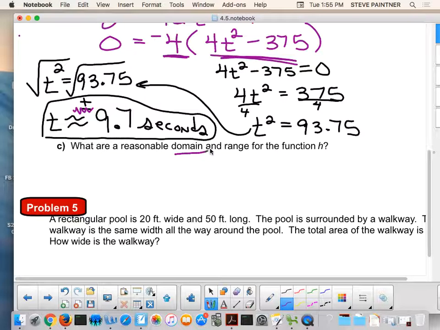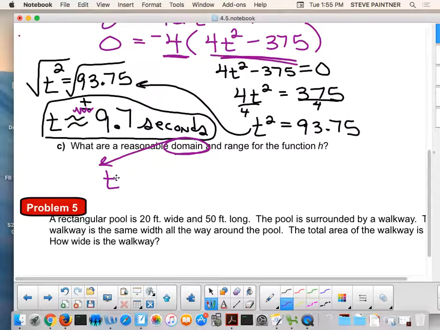What's a reasonable domain? By the way, which one was domain? The x is, but it's not x. Look at your equation. Isn't it time t? Yeah. So what's a reasonable domain?